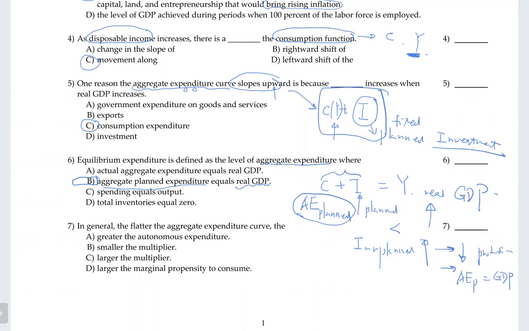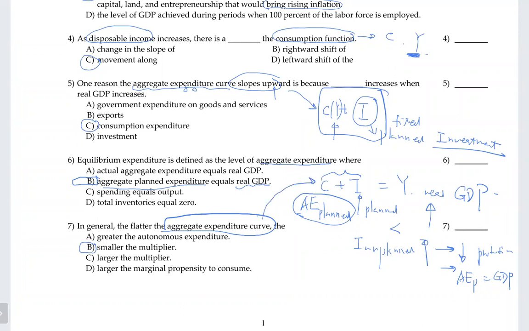7. In general, the flatter aggregate expenditure curve. Okay. So the answer is B. Why is that? The slope of the aggregate expenditure curve comes from the aggregate consumption function.